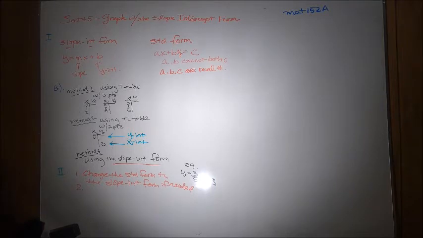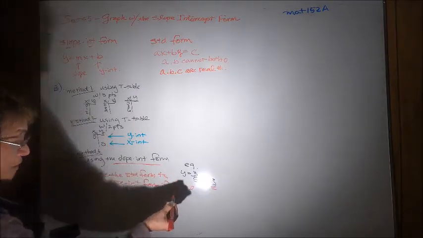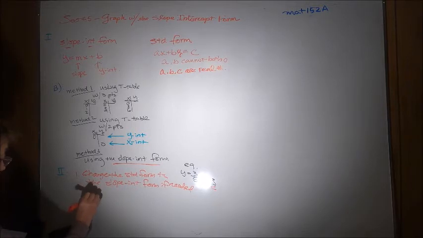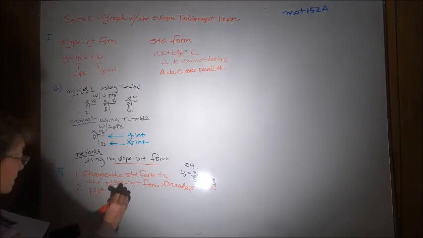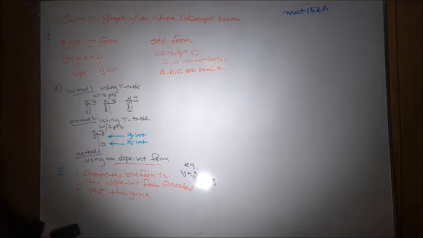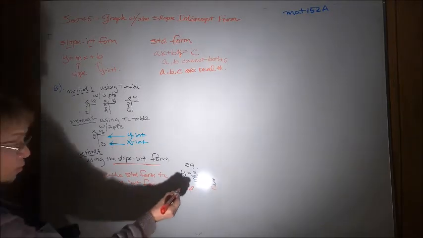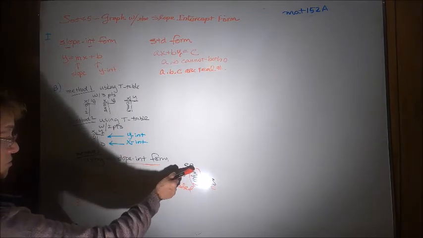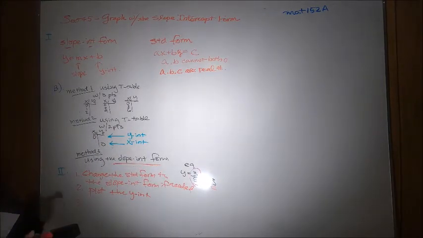You need 2 points to plot a line, but for slope-intercept form, you already have 1 point. So you will plot that point first, the y-intercept. Then you have to find another point using the other information you have, which is the slope, the rise over run.